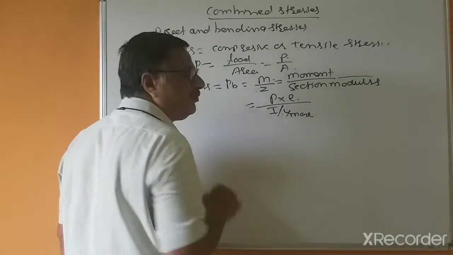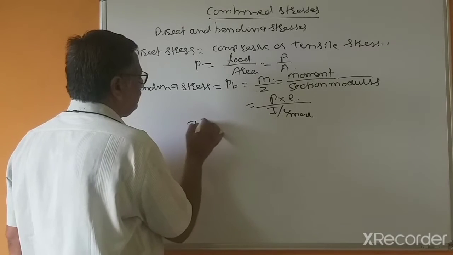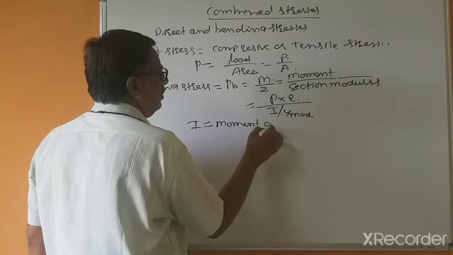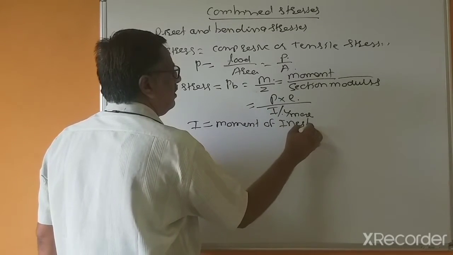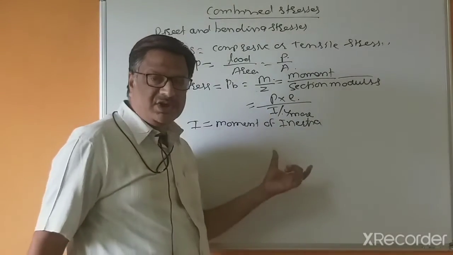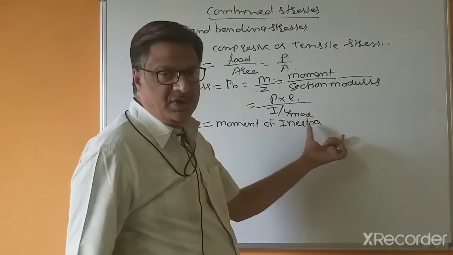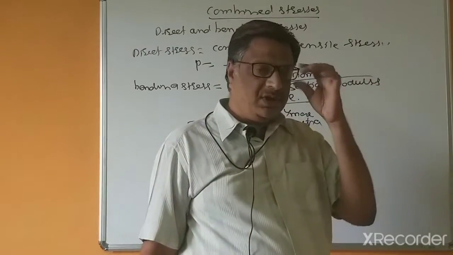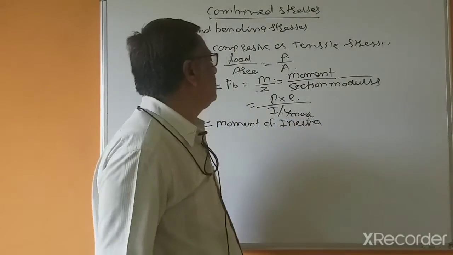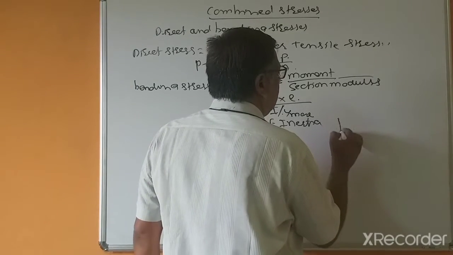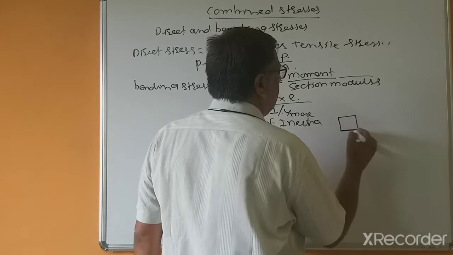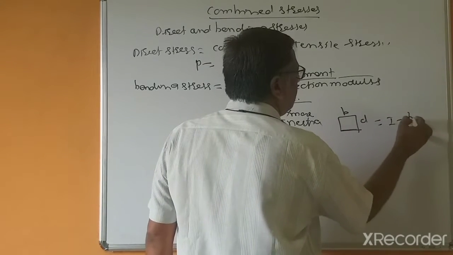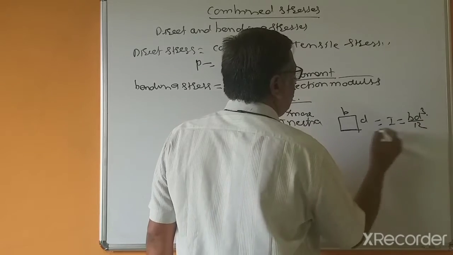I is the moment of inertia. For rectangular sections, the moment of inertia is BD cubed divided by 12. For circular sections, it is pi divided by 64 times d raised to 4. Suppose this is B and this is D, then I equals BD cubed divided by 12.